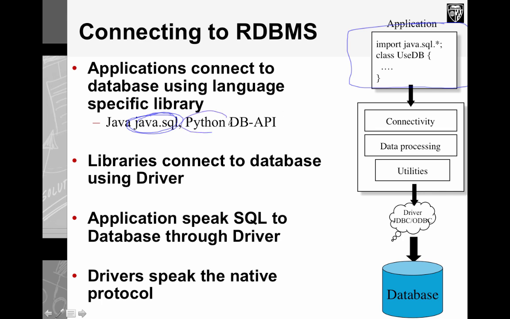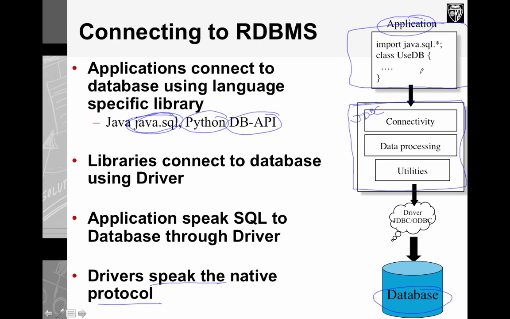In the same way, Python has what is called the DB API library. So this is the library for Java, which is the JDBC library for Java, which is in a package called java.sql. So the client applications communicate with the JDBC java.sql package, which then communicates with the database. But then it so happens that every database has its own native protocol.